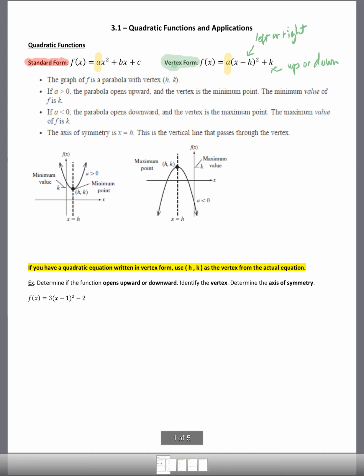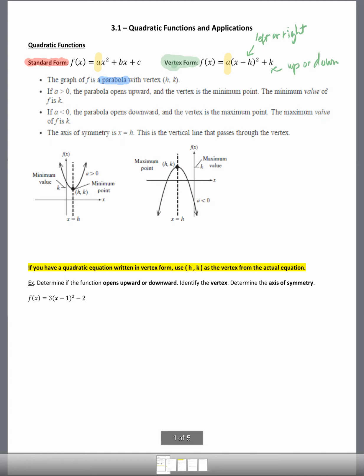The next few things here that we're going to talk about are more like characteristics of the quadratic function. And when you go to the graph of a quadratic function, it automatically will look like a parabola. So quadratic functions always look like parabolas. And in a parabola, you're either decreasing and then changing your direction to increase through a curve, or you're coming from increase and going through a curve, and then you're going to do a decrease.